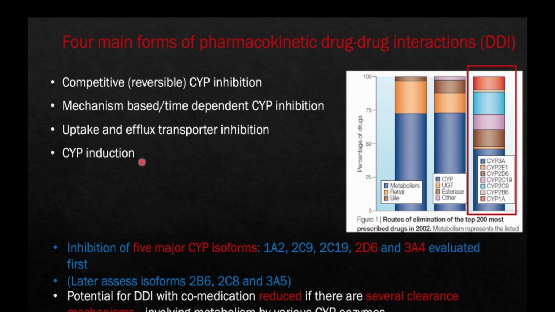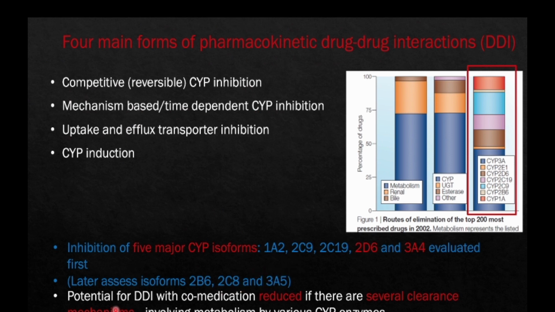In fact, there's inhibition of 5 major cytochrome isoforms, including 1A2, 2C9, 2C19, 2D6, and 3A4, which are evaluated first, and the later assessed isoforms are 2B6, 2C8, and 3A5.